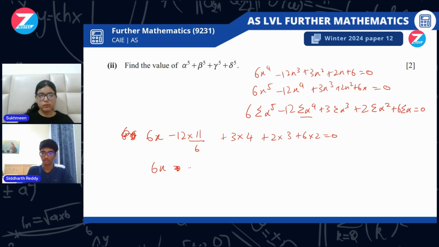So this is 8. So 6x plus 8 is equal to 0. So 6x is equal to minus 8 and x is equal to minus 8 by 6, which is minus 4 by 3. So the sum of roots to the fifth power is equal to minus 4 by 3.